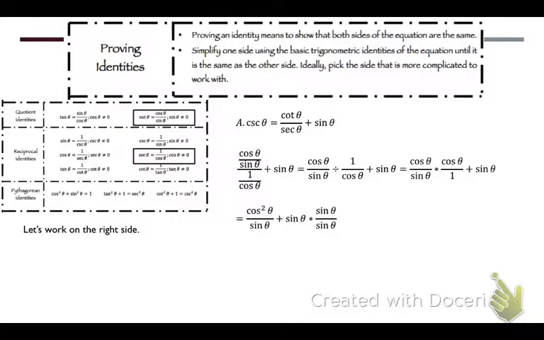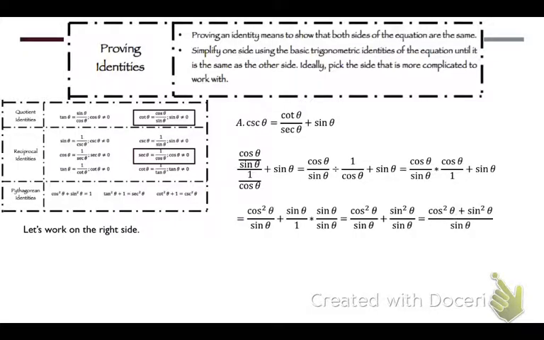Well, I'm going to make that so we have the same denominator so that I can add these. So that's cosine squared of theta over sine of theta plus sine squared of theta over sine of theta, which is cosine squared of theta plus sine squared of theta over sine of theta. Well, cosine squared plus sine squared equals 1, so that's 1 over sine, and 1 over sine is cosecant. So we proved that, and we're done.